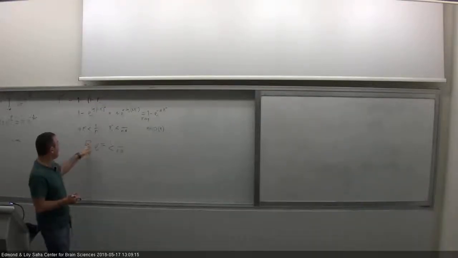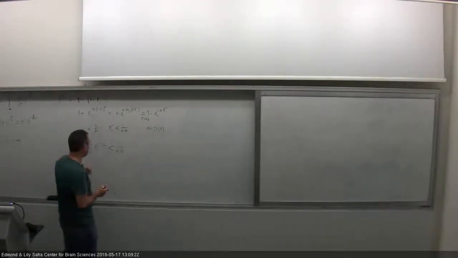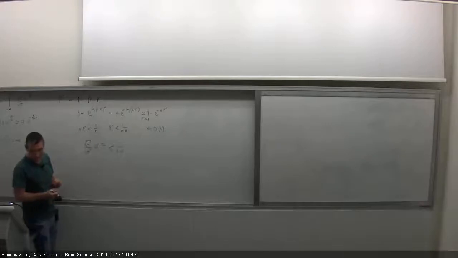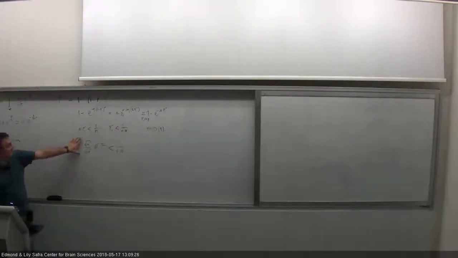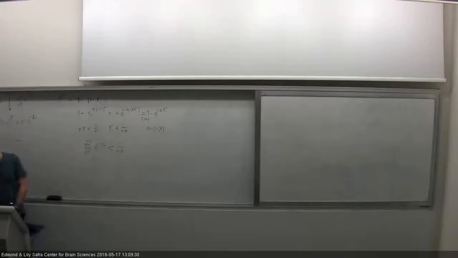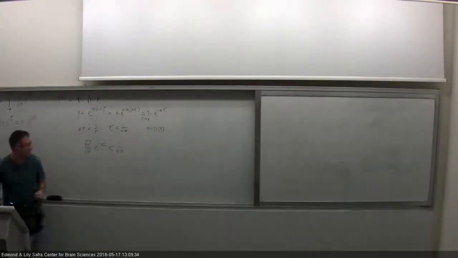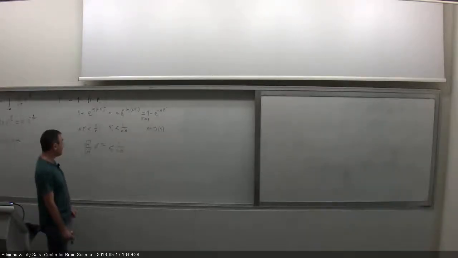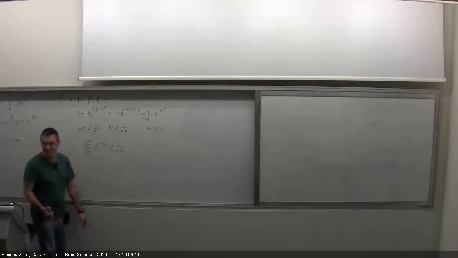For example, if alpha is equal to 0, then this inequality is clearly satisfied. This left-hand side would be equal to 0, and the right-hand side is a positive number. But this would correspond to a case where the number of memory patterns in the network is 0.